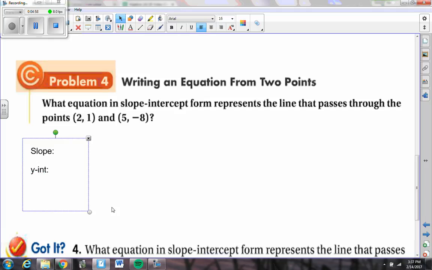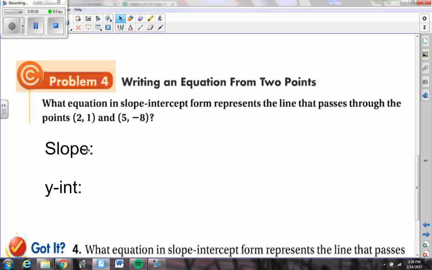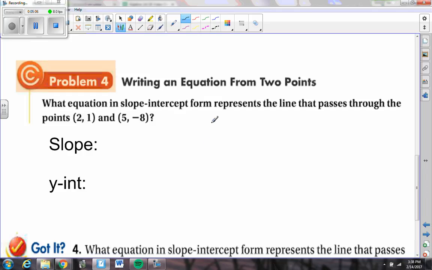So hopefully we remember from a previous section what the slope formula is. The slope formula is y2 minus y1, meaning subtract the two y's, and then over x2 minus x1. So we take the two y coordinates and subtract them, take the two x coordinates and subtract them, and then simplify that fraction.